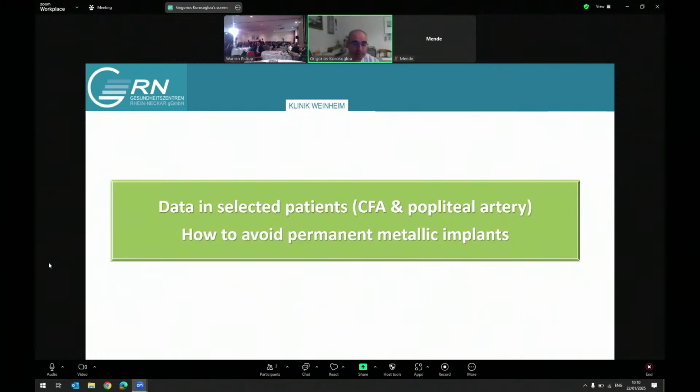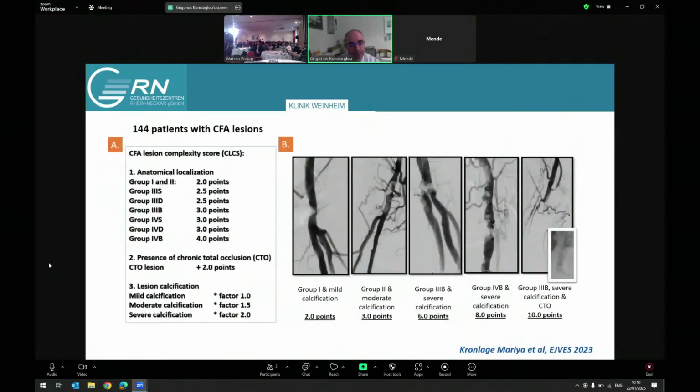On the other hand, we know that the common femoral artery is not a mobile segment, but still we would like to avoid stenting in this segment due to the fact that it's a segment for further access, for example, coronary interventions, TAVI, or other sorts of interventions. And it's also a bypass anastomosis zone, exactly as the popliteal artery.